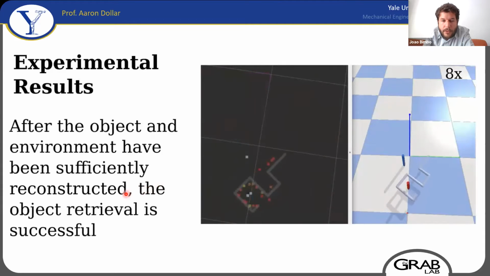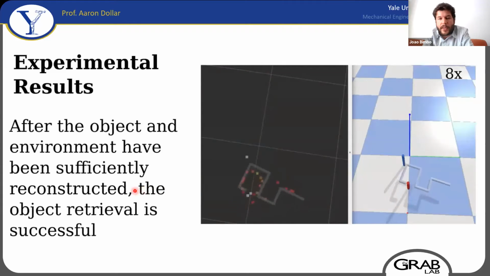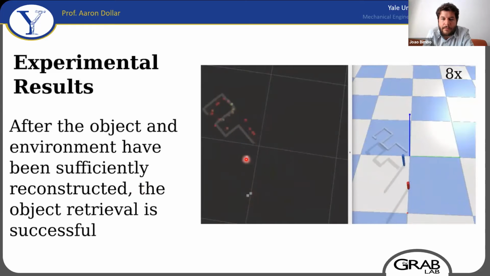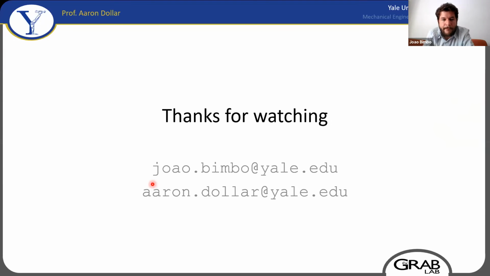So at some point, once you know enough about the geometry of the object and enough about the geometry of the environment, you're able to find this trajectory that avoids all collisions and pulls out the object successfully. So that's that. Thank you for watching.